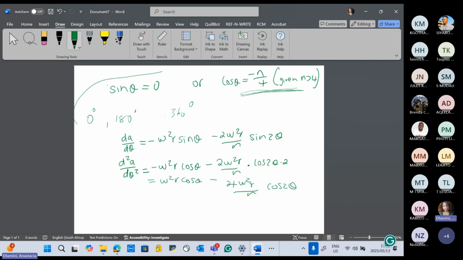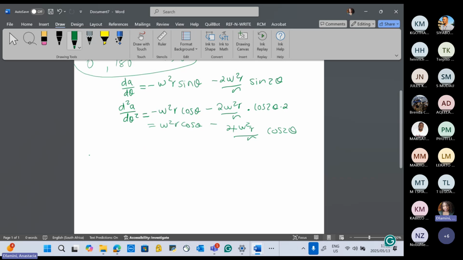Let's do this part here. We substitute theta. So we have theta equals 0. If I substitute theta equals 0, what do I get? I get w squared r cos of 0 minus 4w squared r over n cos of 2 times 0. What do I get?